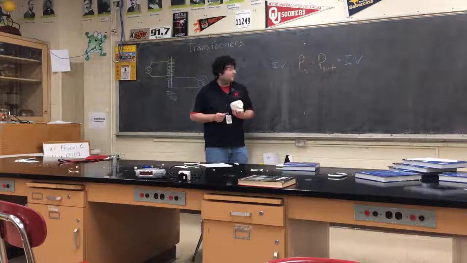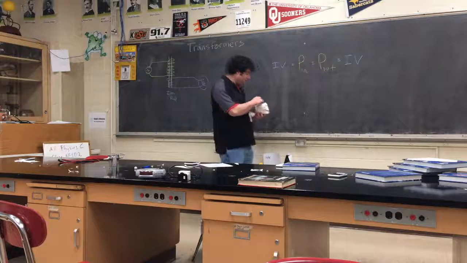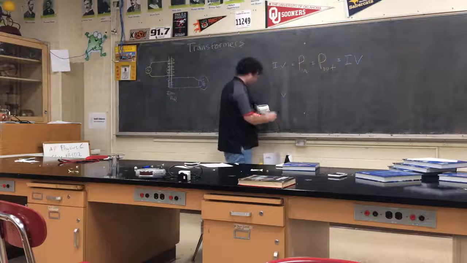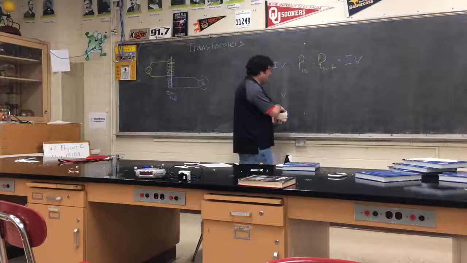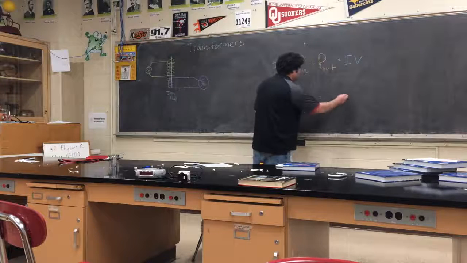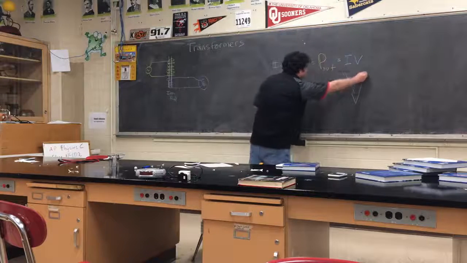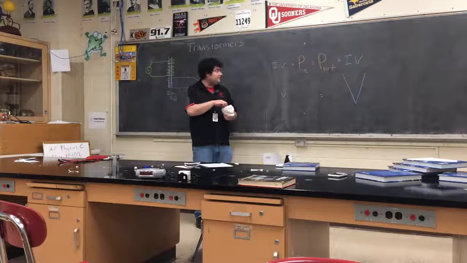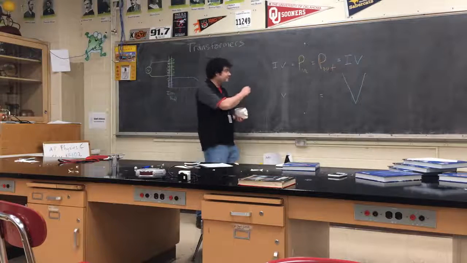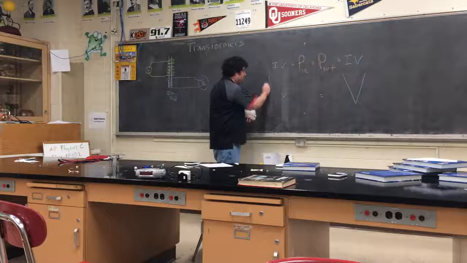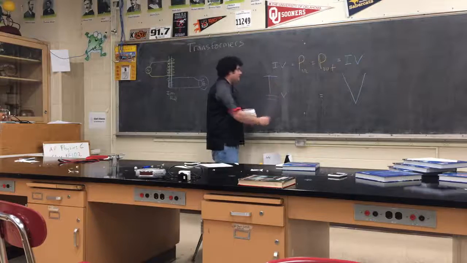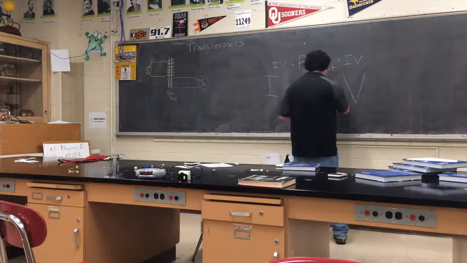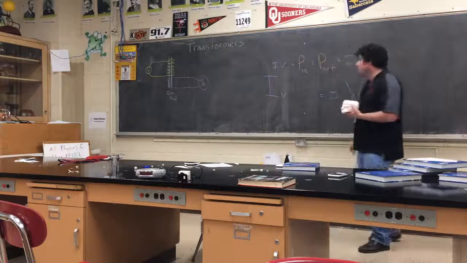Take my British clock. We had an input voltage that's relatively small. And we had an output voltage that was relatively large. What compensated for this? Well, you can still have the same power on both sides if I put in a large current and took out a small current.